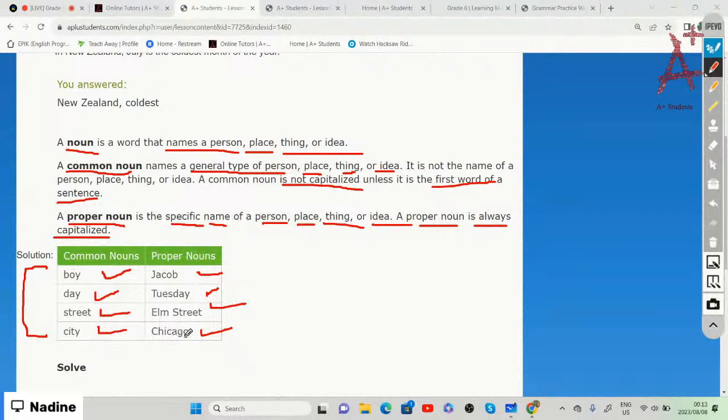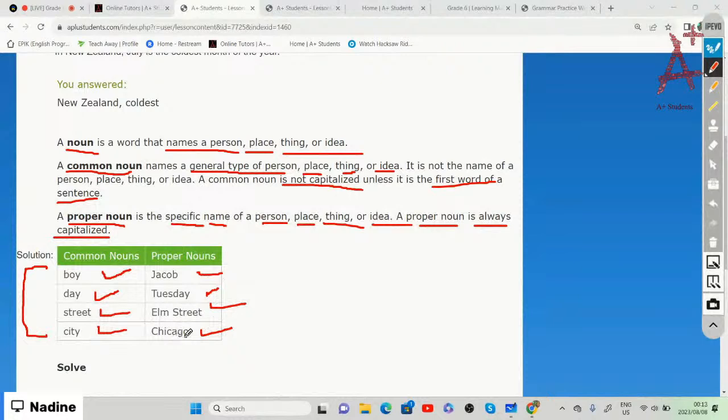Then we have a proper noun. And a proper noun is a specific name of a person, place, thing, or idea. And we see that proper nouns, we always need to capitalize, whether it is at the beginning of the sentence, in the middle of the sentence, or at the end of the sentence.